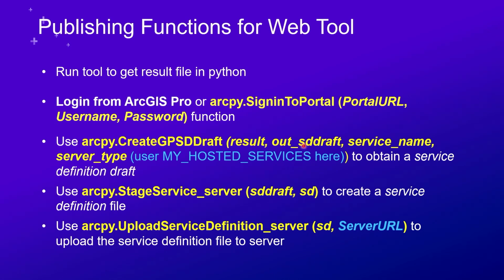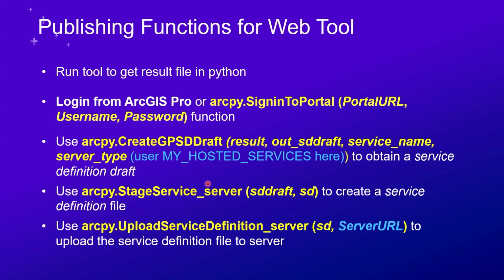Once you run this function, it returns a list of records that shows the errors or warnings when you create this service definition draft. Make sure you don't have any error message before you proceed, just like you did when running from the GUI. If you have errors, there's no way you can publish.